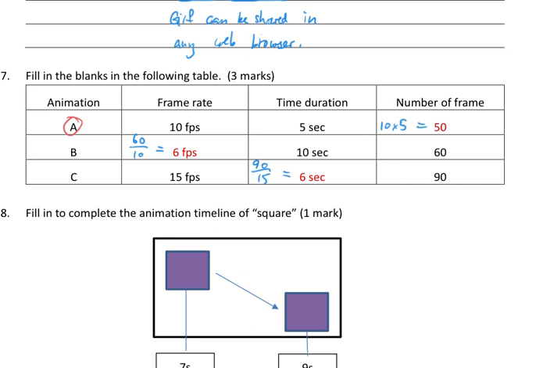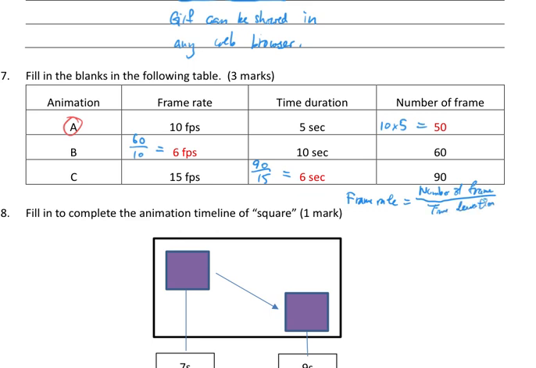If you want to make it simple, we can start from the very beginning, that is the frame rate, because the frame rate always equals the number of frames divided by the time duration.